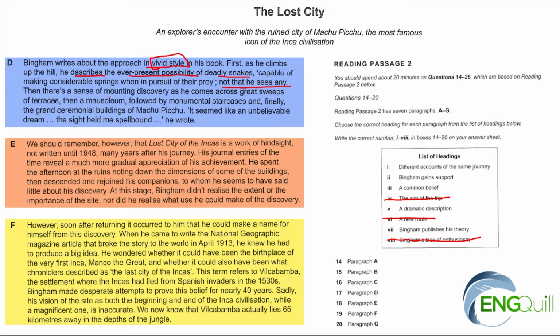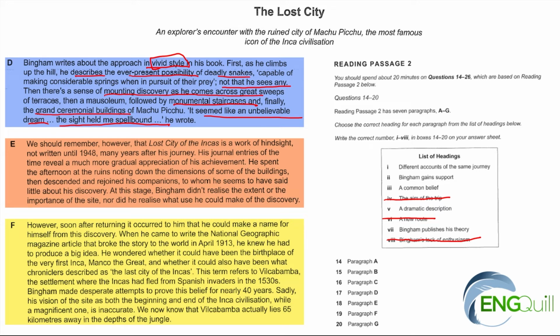All right. Then there's a sense of mounting discovery as he comes across the great sweeps of terraces, followed by monumental staircase, finally the grand ceremonial building. It seemed like an unbelievable dream. The sight held me spellbound, he wrote.